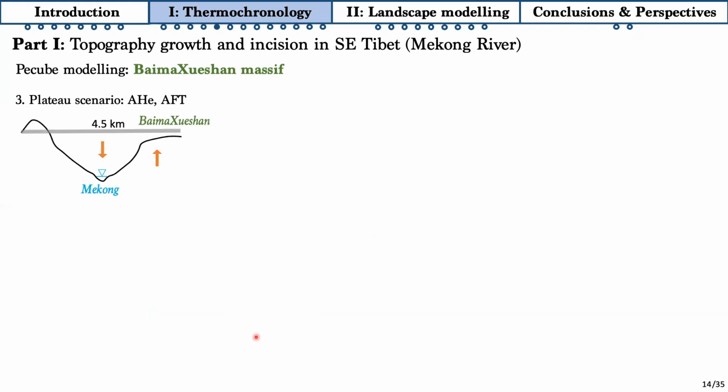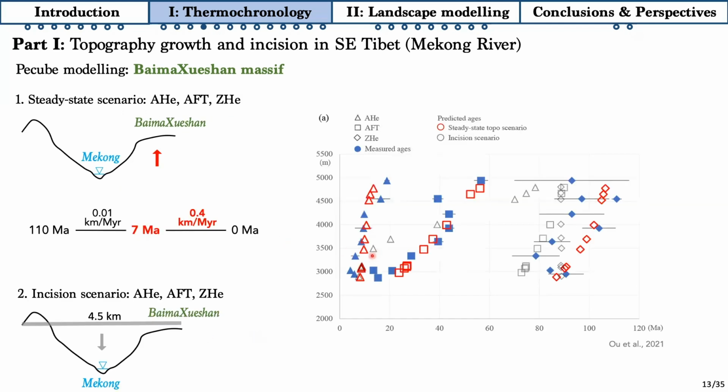The result is plotted in gray here, and it shows that only the very, very young ages of apatite helium can be reproduced here, and they have to be close to the river valley too. All the apatite fission track ages or apatite helium ages at high elevation are really old, and the zircon helium ages are homogeneously old. Even though they are in the range of the blue observed ages, they are too homogeneous. So they didn't work.